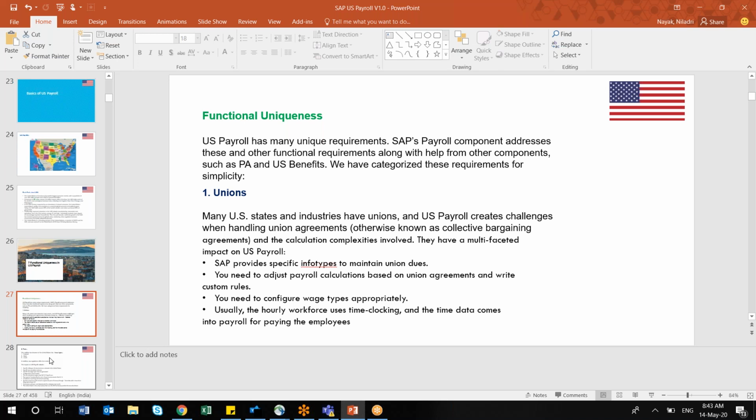I worked on union payroll, but not in SAP. I worked on union payroll for about 4 or 5 years in different software, and got to know a lot about union collective agreements and all that.